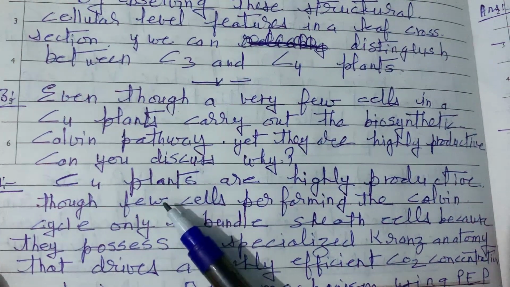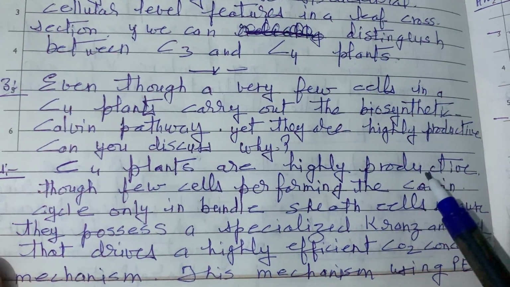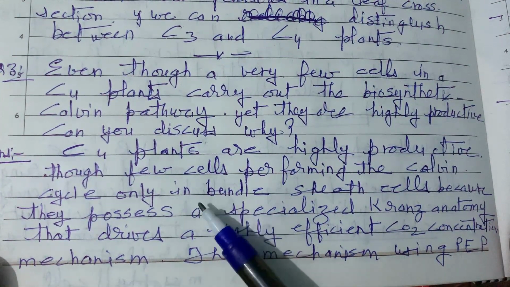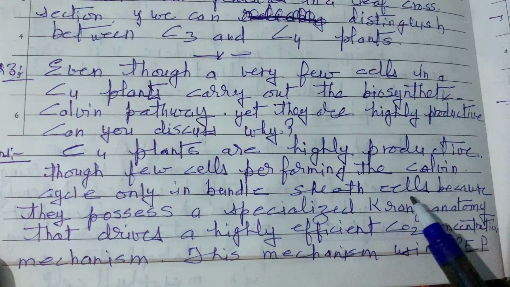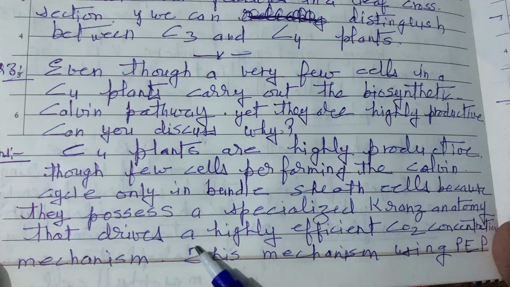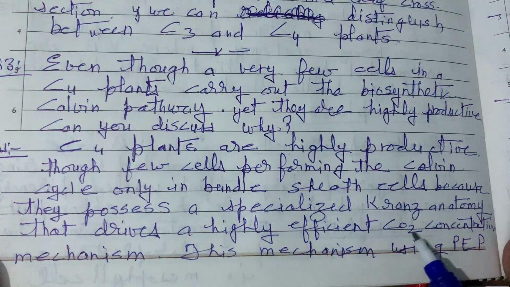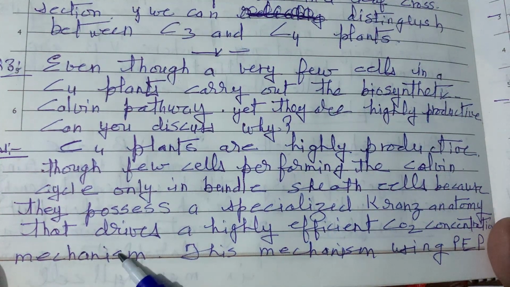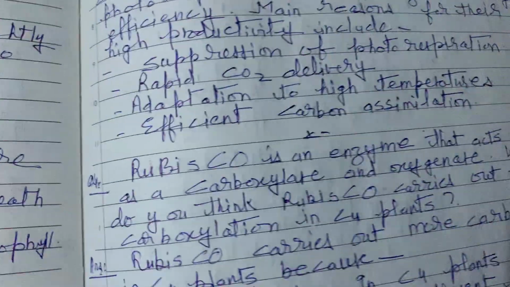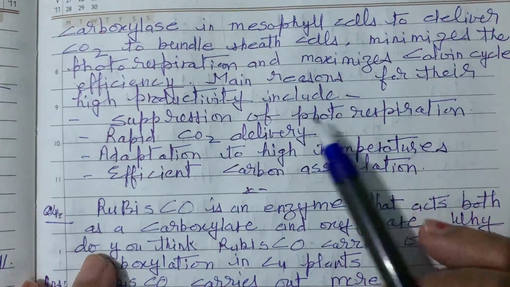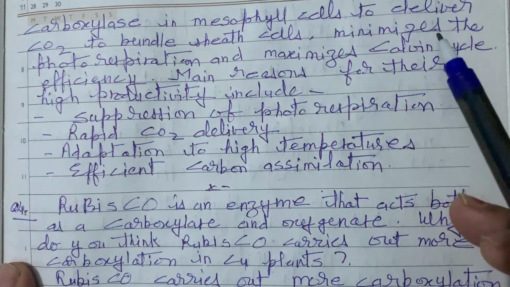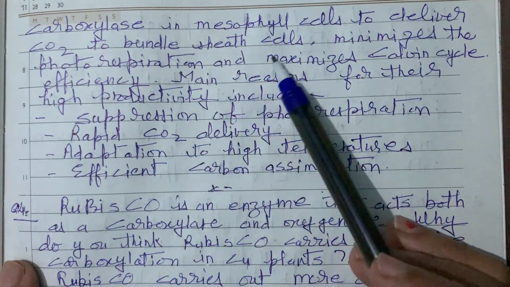Your answer is, C4 plants are highly productive, though few cells perform the Calvin cycle only in bundle sheath cells, because they possess a specialized Kranz anatomy that drives a highly efficient carbon dioxide concentrating mechanism. This mechanism uses PEP, that is phosphoenol pyruvate carboxylase, in mesophyll cells to deliver carbon dioxide to bundle sheath cells.